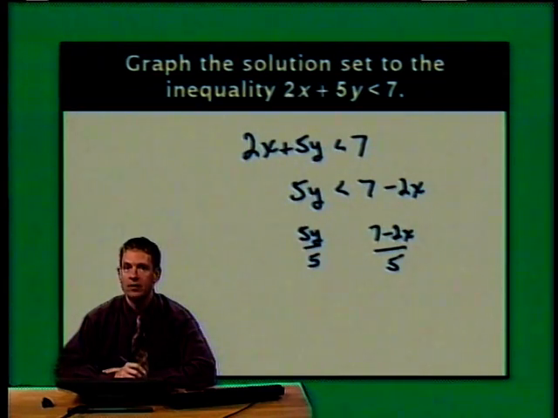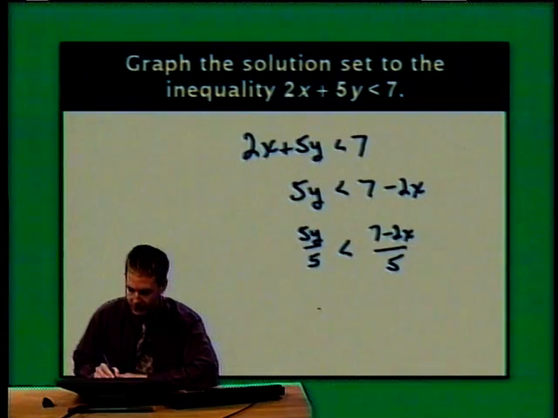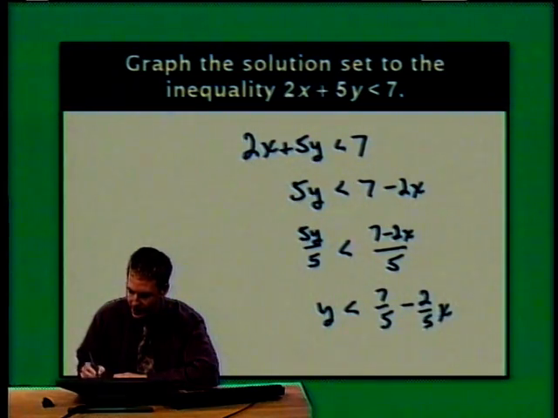When you multiply or divide by a positive number, the sense remains the same. When you multiply or divide by a negative number, the sense reverses. In this case, we're dividing by positive 5, so our less than sign remains a less than sign. So we're left with y is less than, breaking this up into two fractions, 7/5 minus 2/5 x.